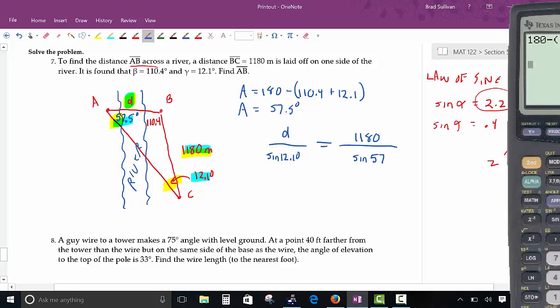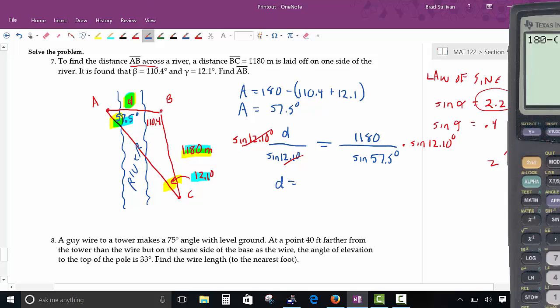And then we can solve this proportion and use our calculator, then we should have a valid answer. So I'm going to multiply both sides by sine of 12.10 degrees. Okay, like that. And then we'll go to the calculator to finish up the problem.